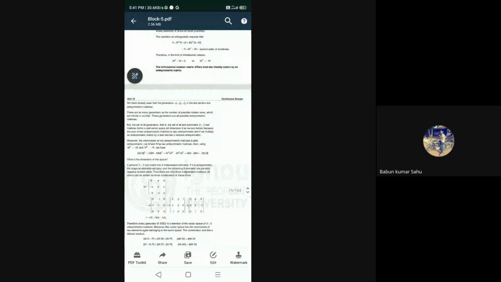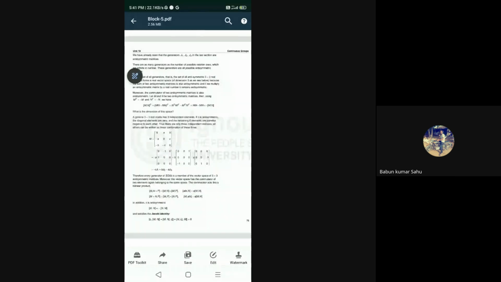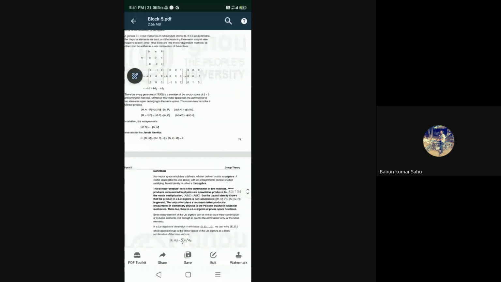So you can have your M is equal to minus C j1 plus B j2 minus A j3, and the derivation is shown on the screen. And you have M transpose is equal to minus M, and it is antisymmetric, and it satisfies the Jacobi identity, that is, the commutator [M, [N, L]] plus cyclic permutations is equal to 0, as shown on the screen.